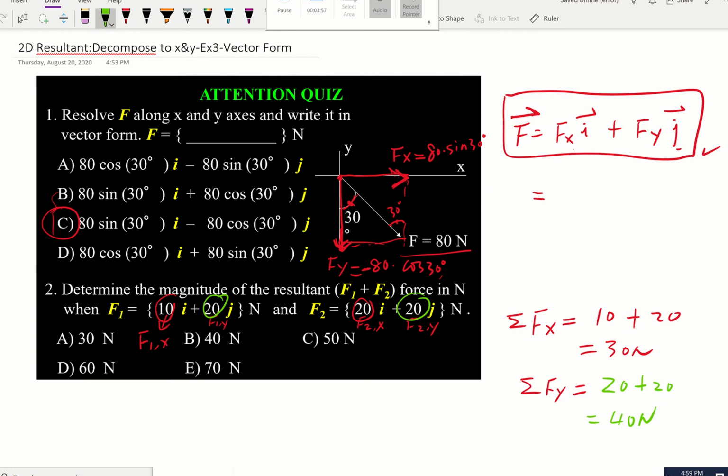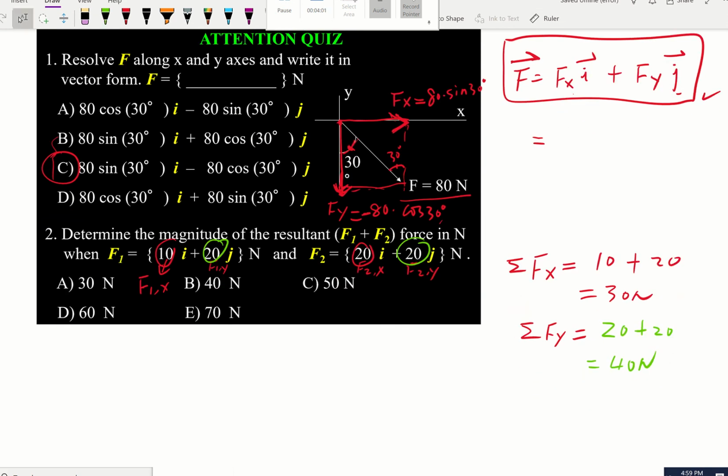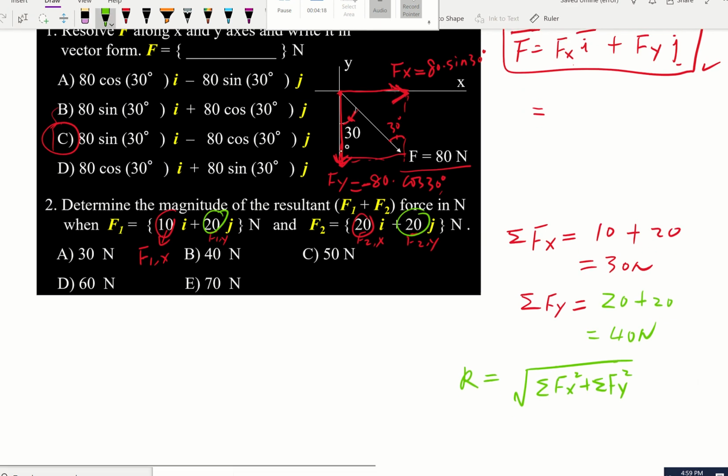Then we need to combine them because we need to find the resultant force of those two. Using the Pythagorean theorem, the resultant is going to be this equation again. So it would be 30 squared plus 40 squared.